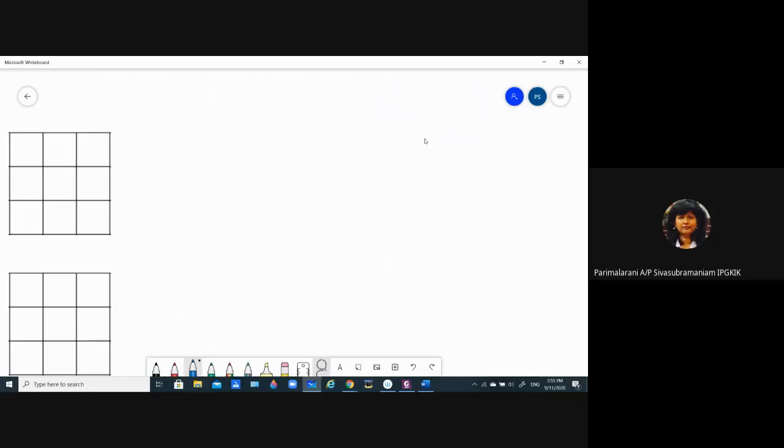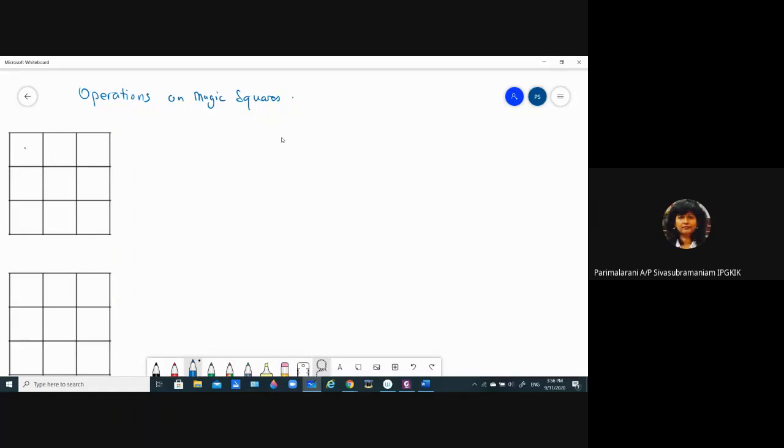Okay, the last thing that we're going to do today is operations on magic squares. Okay, say you have a magic square here. We're going to do operations on magic squares.